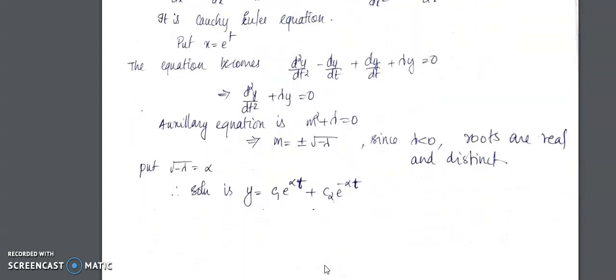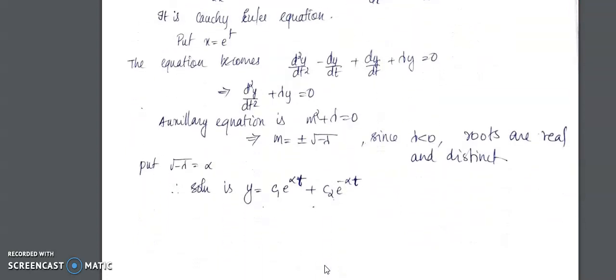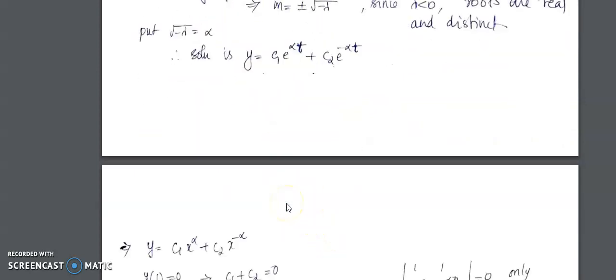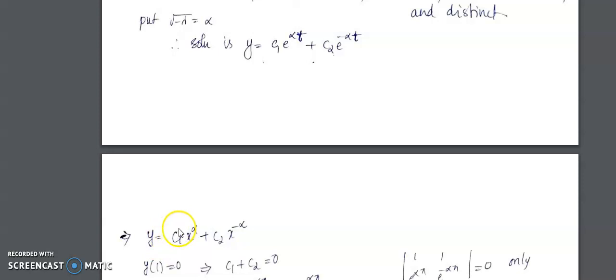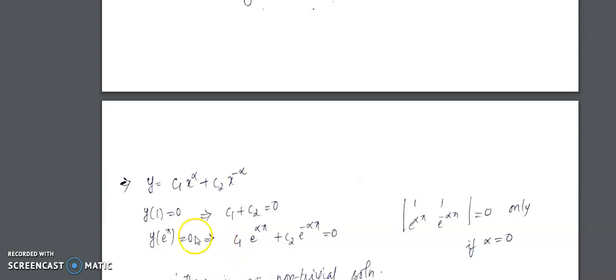We substitute back for t, so e^t will be x. So you are going to get y equal to c1 x^alpha plus c2 x^(-alpha). Now use the boundary conditions.